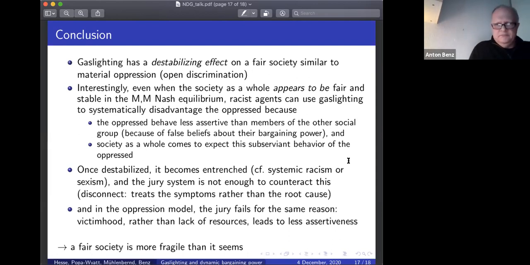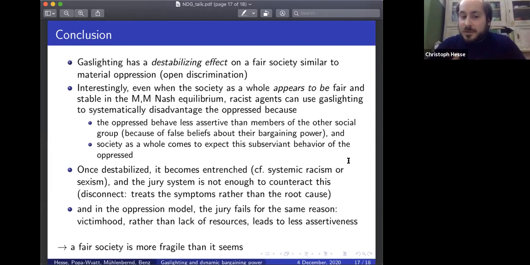And the other thing that happens is society as a whole comes to expect this subservient behavior of the oppressed, of the red agents, because of the memories and how that affects the calculation of expected payoffs. So once society is destabilized, it becomes entrenched. And this obviously reeks of systemic racism or sexism, which would be sort of real world examples for this.